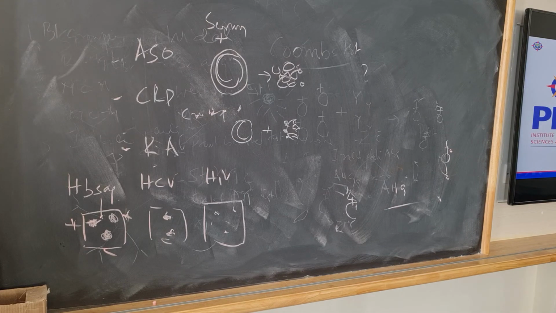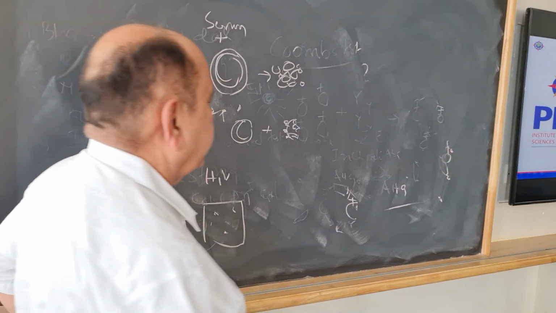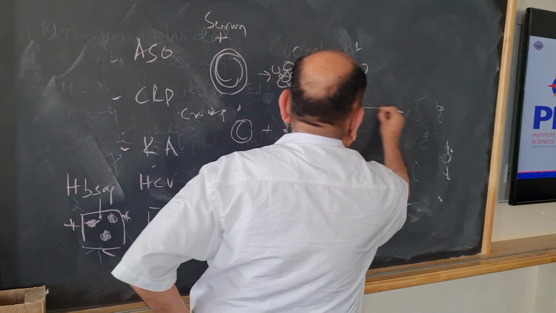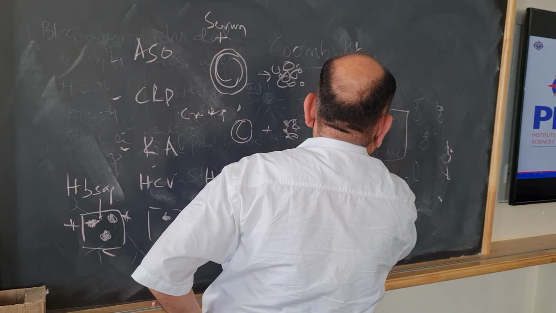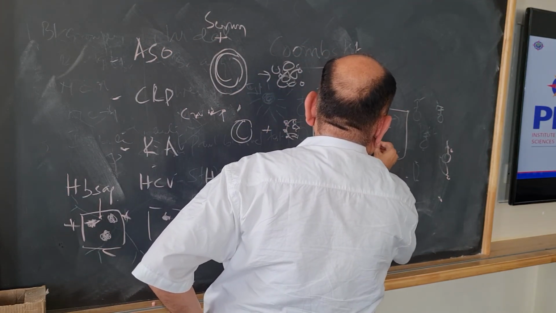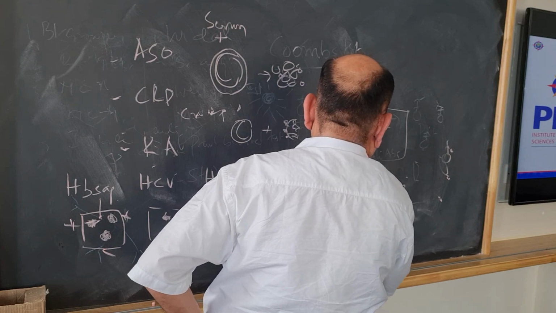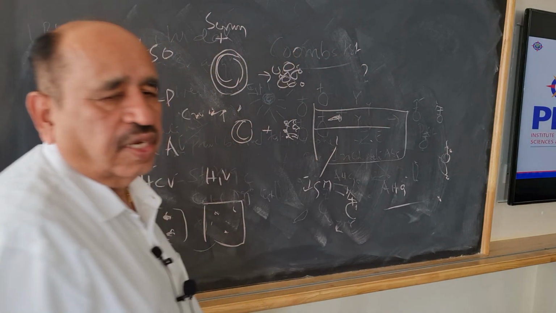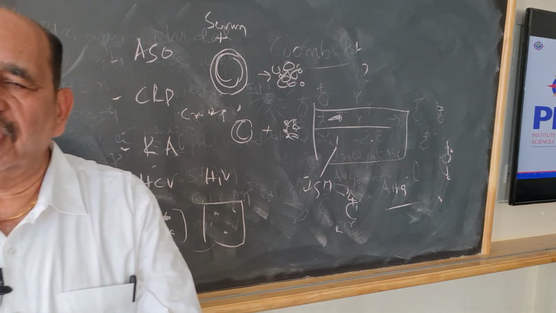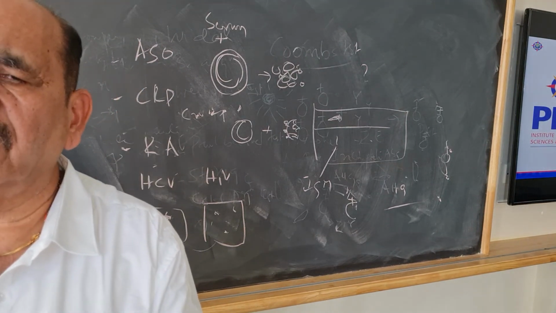So we have a dengue kit. It shows NS1 antigen on the first, second or third day of the infection. The card looks like this, a big card like this. It shows NS1 antigen and IgM antibody. Which is the acute antibody?